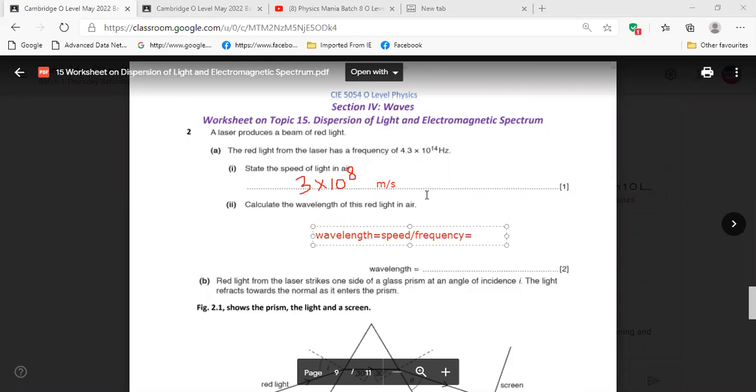Speed by frequency equals wavelength. So have you got it? 3 into 10 to the power 8, divided by 4.3 into 10 to the power 14. What is coming?